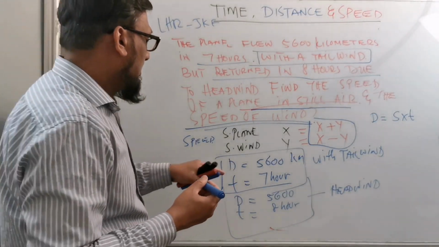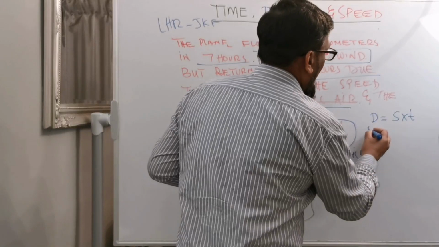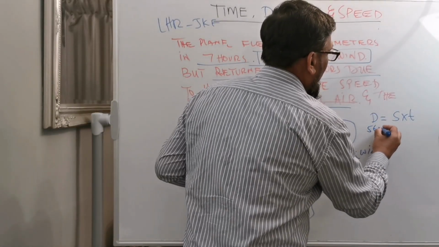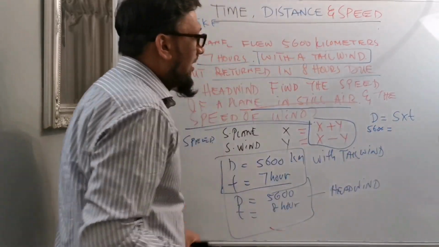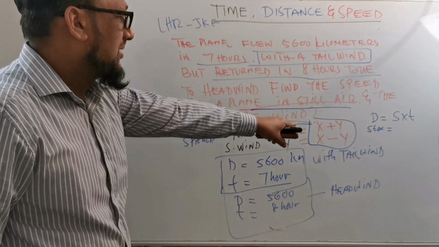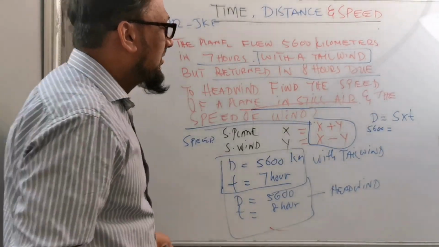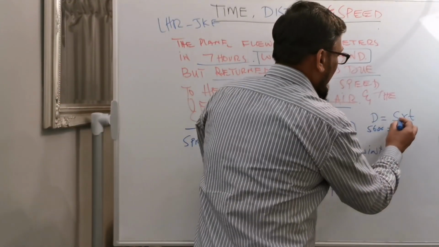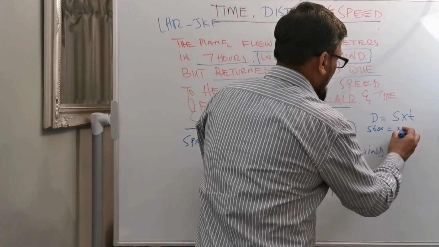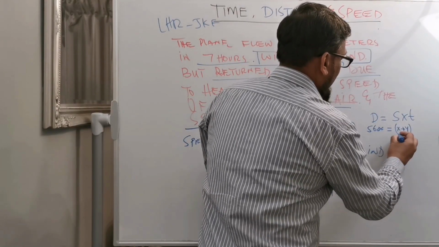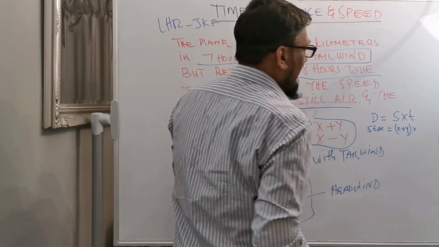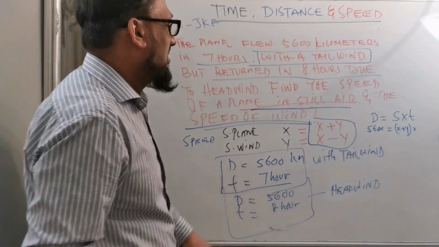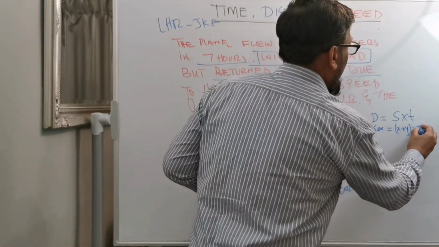So the distance is 5600 and the speed with wind, I can write x plus y, and t, the time, is taking 7 hours.